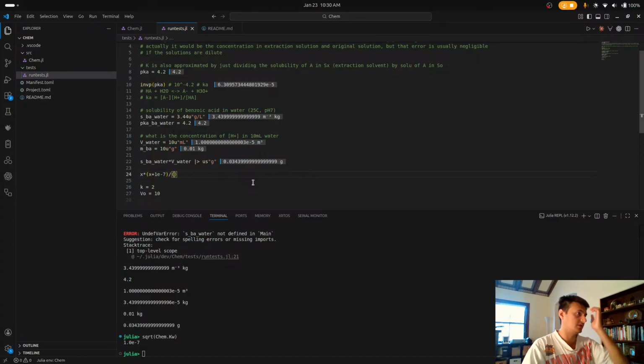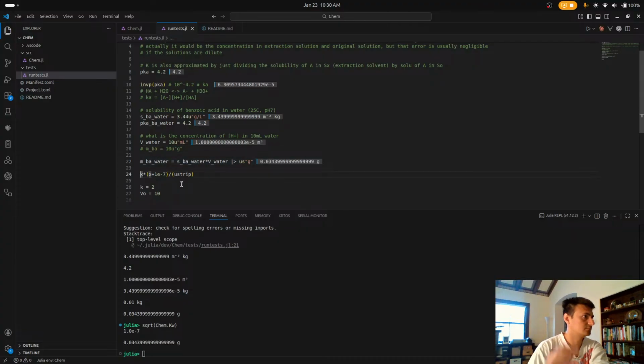Actually, this is a concentration, right? This is a concentration. They're activities, though. Let's just do it unitless. Minus x is equal to Ka, or let's say pKa.